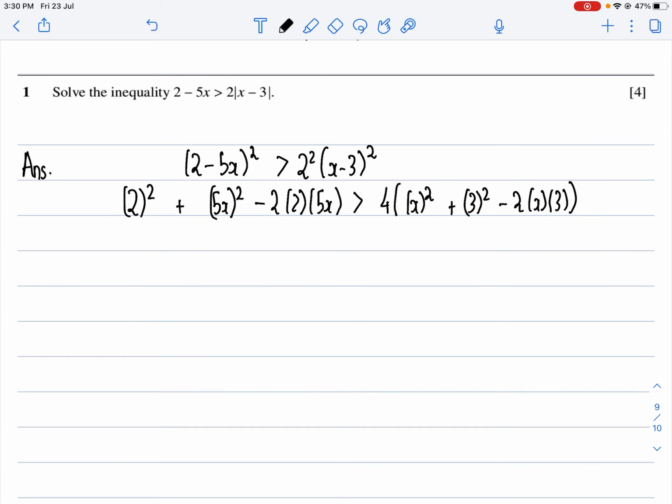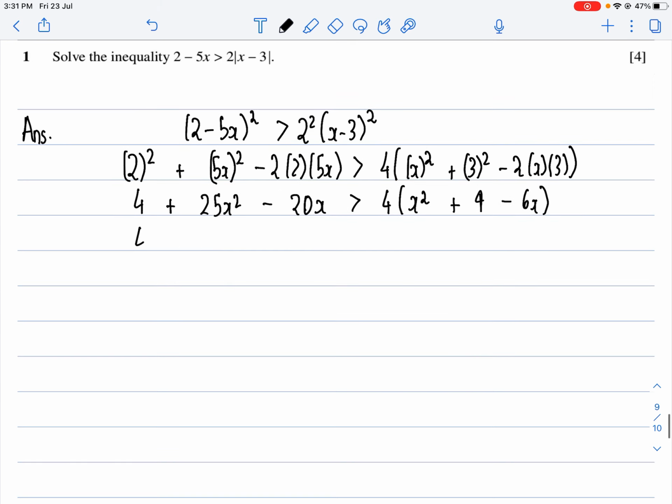So now I have 2 square, which is simply 4, plus 5 square, which is 25, x square minus 2 into 2 is 4, 4 into 5 is simply 20. So I get 20x, which is more than 4 into x square, plus 9 minus 6x.